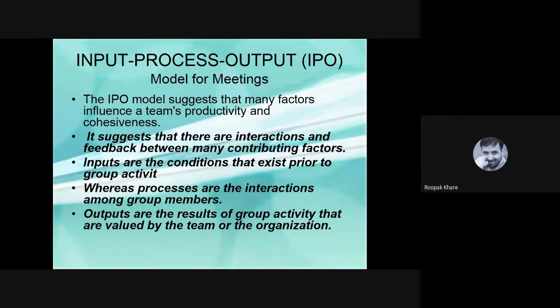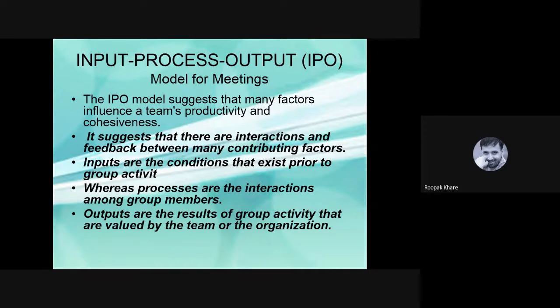It suggests that there are interactions and feedback between contributing factors. In a meeting there'll be multiple parties, a lot of people interacting, giving some inputs, getting some outputs, giving some feedback.